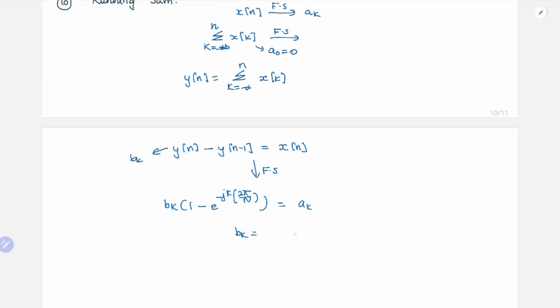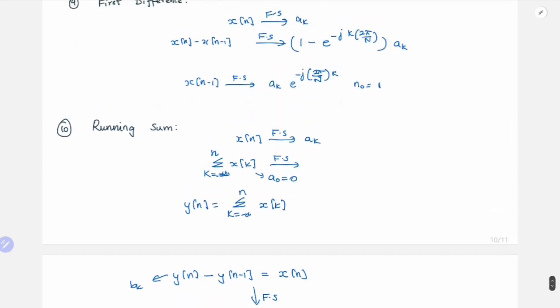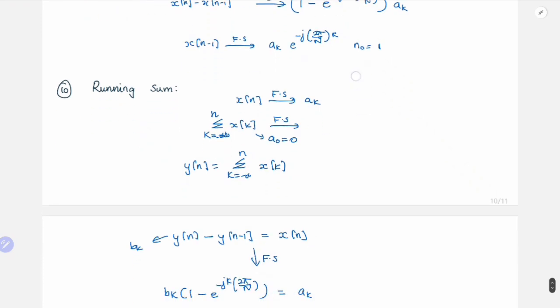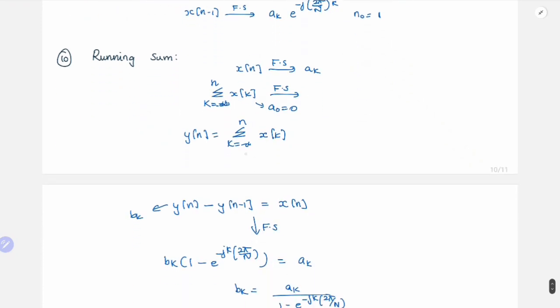So my bk is nothing but ak over 1 minus e power minus jk into 2 pi over N. So here it is multiplication in the first difference. The running sum is going to be a division. So bk is what I'm interested in, right? The Fourier series coefficient of y of n. So this is ak by 1 minus e power minus jk 2 pi over N.